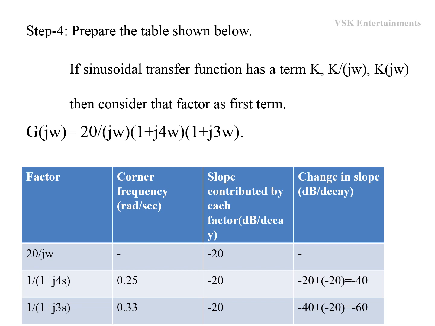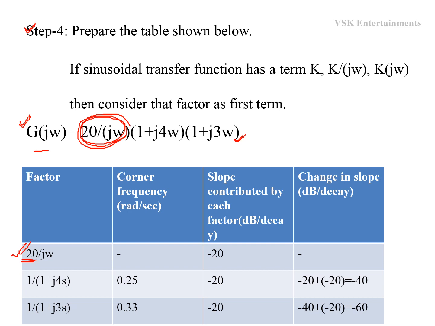In the fourth step, we have to prepare the table depending upon the factors and corner frequencies. We have the sinusoidal transfer function G(j omega) = 20 / (j omega (1 + 4j omega)(1 + 3j omega)). This transfer function has a factor in the form K / j omega, so the first factor is 20 / j omega.